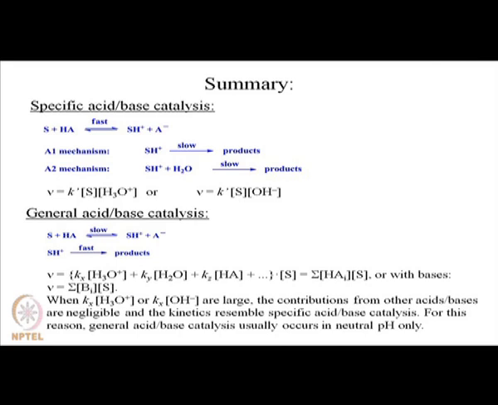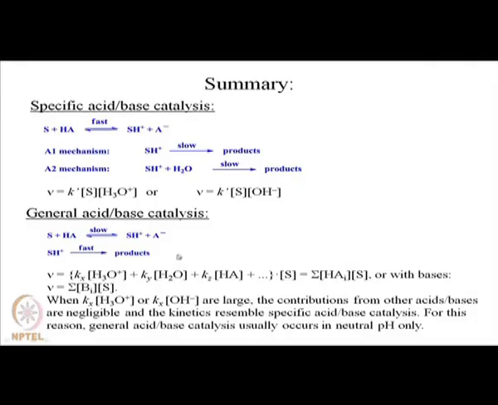That's why general acid base catalysis usually occurs around neutral pH. So you can convert a general acid base catalysis to a specific acid base catalysis by taking your base or your acid to a large extent.